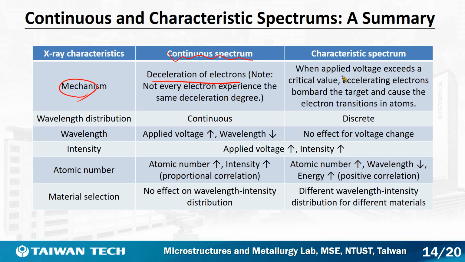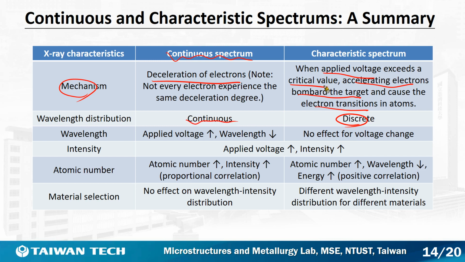But for characteristic spectrums, if we have a high enough applied voltage, then the accelerated electrons bombard the target. It will also cause electron transitions in atoms. These transitions will produce X-rays. This is what we call characteristic X-rays. This X-ray is discrete in wavelength, but for continuous, it's just continuous.